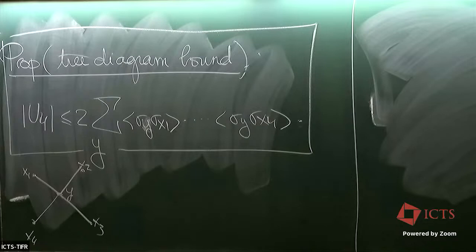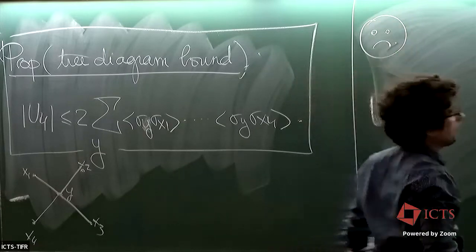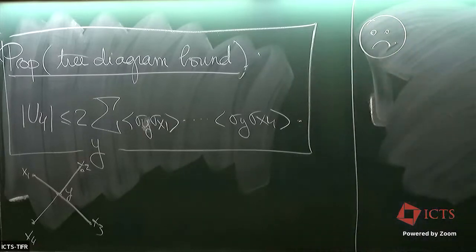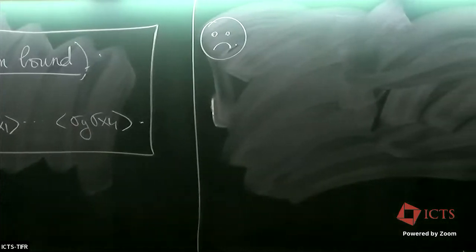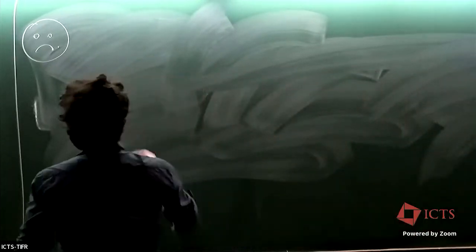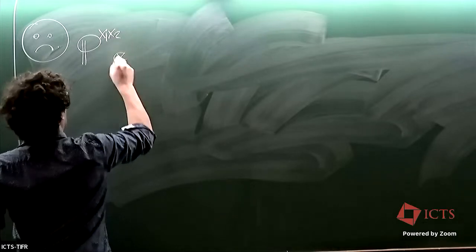I'm not fully going to prove this. I'm going to give you an idea of the proof, but there is one correlation inequality I don't really want to prove, because by experience, people don't like it so much. So here is the correlation inequality that I'm not going to really prove.